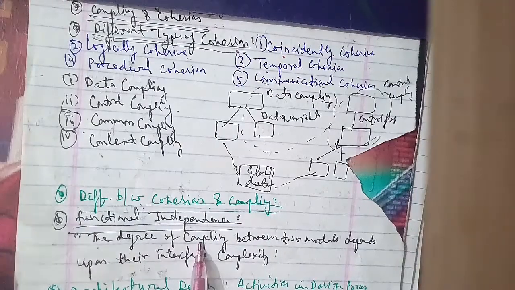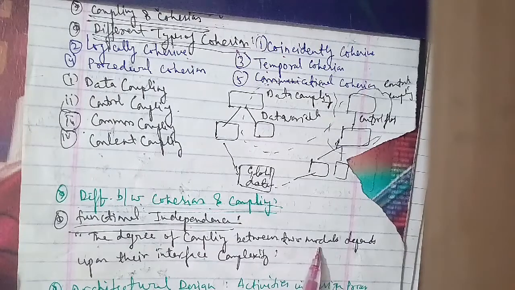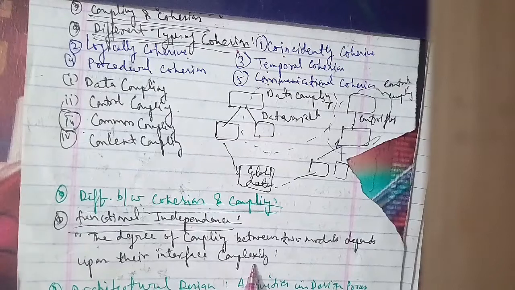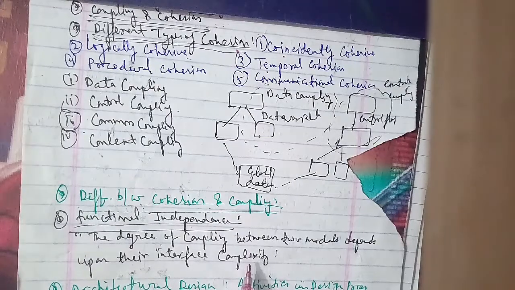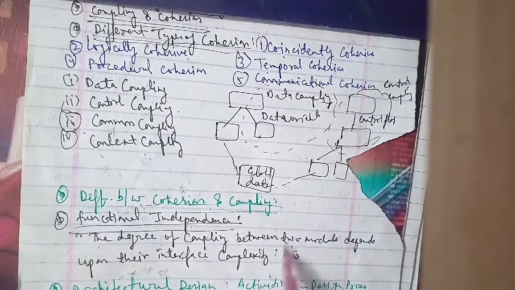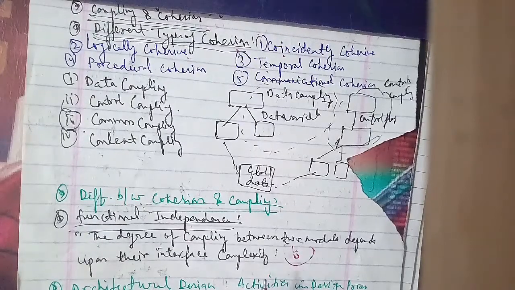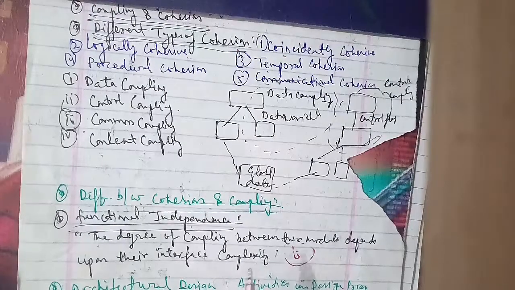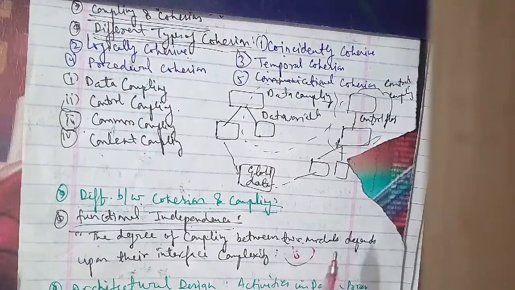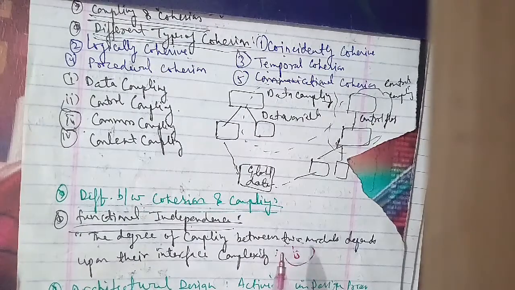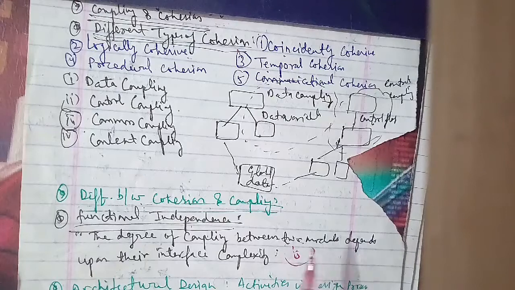High coupling means the modules are tightly coupled and a module is highly dependent upon another module. Due to high coupling, changes made in one module have a great impact on the other module, and the degree of coupling between two modules depends upon the interface complexity as well.